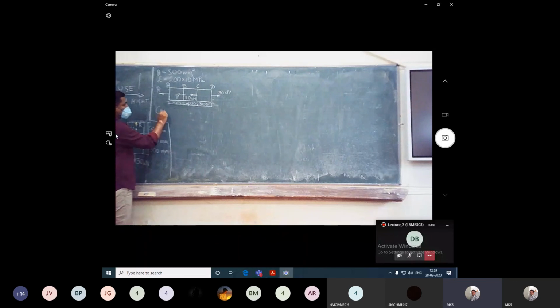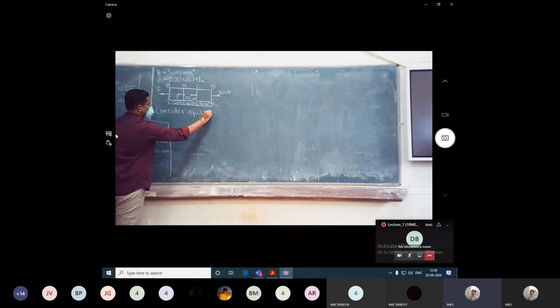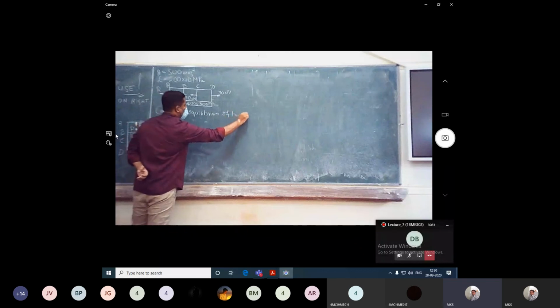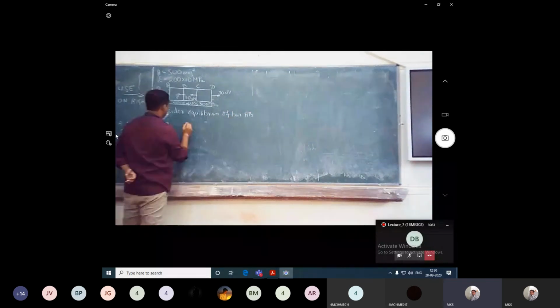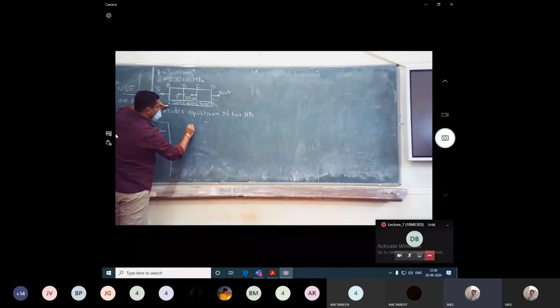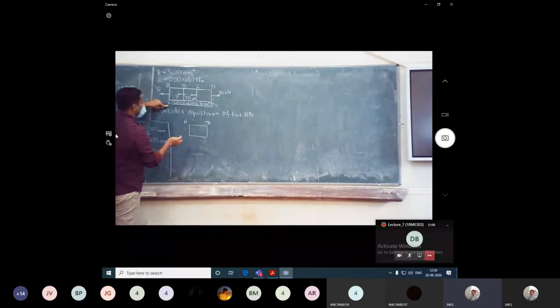So consider first the equilibrium of bar AB. I'll just consider the first block, that is AB. For AB you draw the equilibrium diagram. So if I consider AB, this is A, B. So what are the forces?